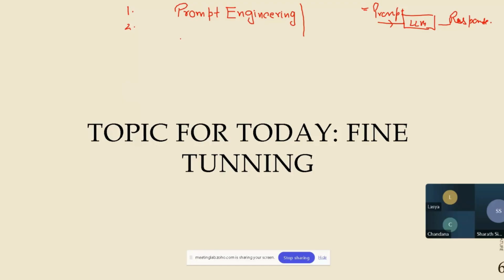Apart from that, we have another important concept, which is RAG, R-A-G. We are not covering this in depth because this is just a master class. RAG is a concept where we have my LLM, and the LLM is able to give answers based on the knowledge on which it is trained.